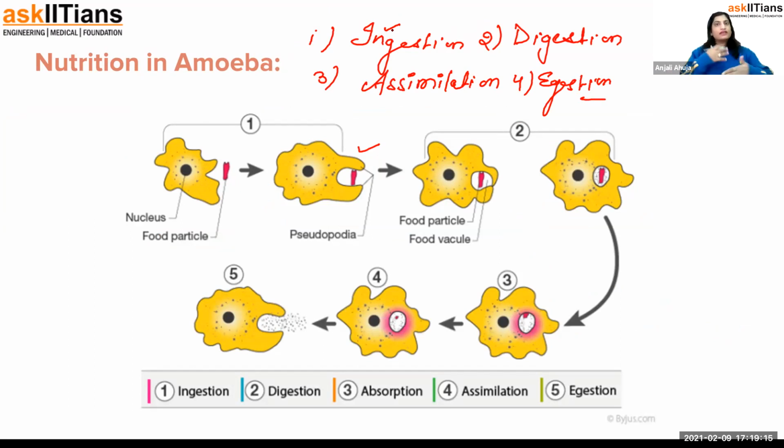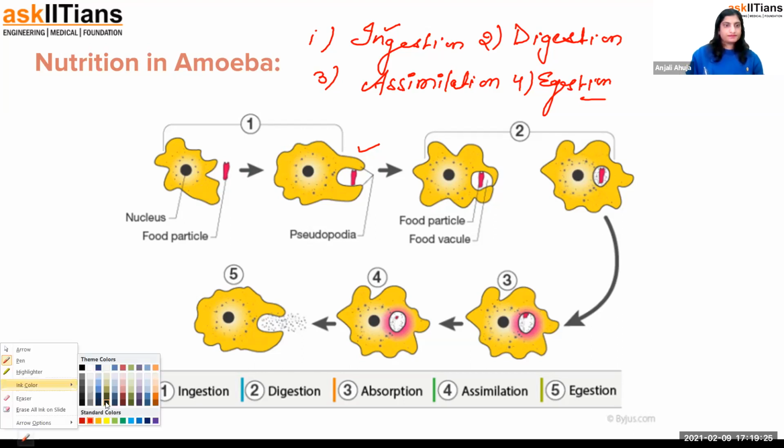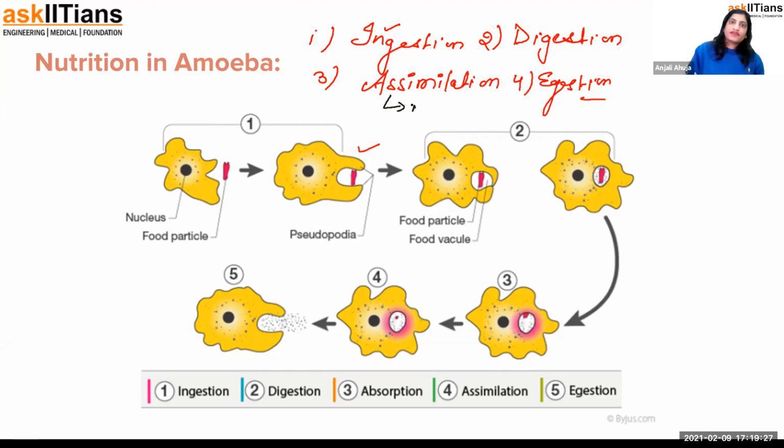Digestion is when the body digests it with the help of enzymes. Assimilation is when nutrients are absorbed. And egestion is just throwing out the waste outside.